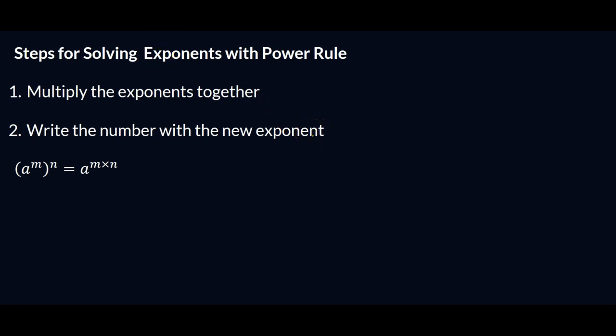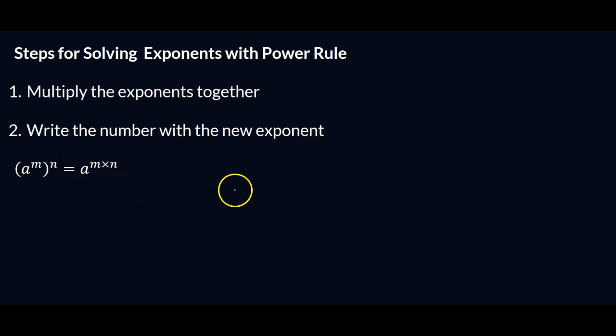First of all, we're going to multiply the exponents together, but you have to make sure that you have a common base. So this is what you're going to see. You're going to have an exponent with a base, and then we're going to have an exponent outside as well.